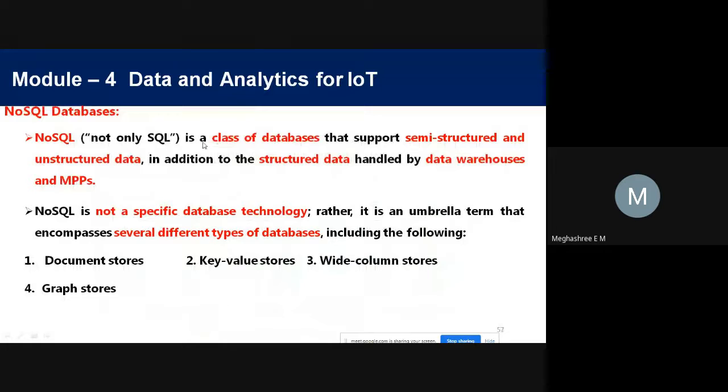Next is NoSQL database. NoSQL is called not only SQL. It is a class of databases that support semi-structured and unstructured data, in addition to the structured data handled by the data warehouse and MPP.